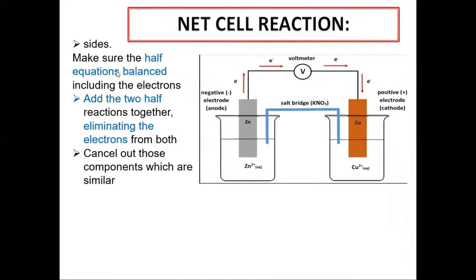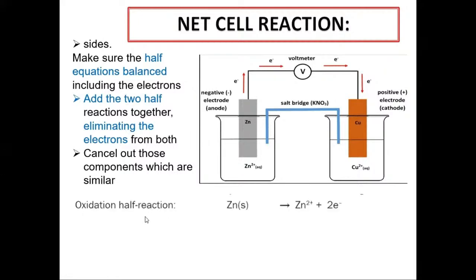Make sure the equations are balanced, including the electrons. I tried to show you on the equation that the electrons must be balanced. Add the two half reactions together, eliminating the electrons from both sides. So that when you add them, the electrons cancel out, and then you form a full equation. Let's look at it.